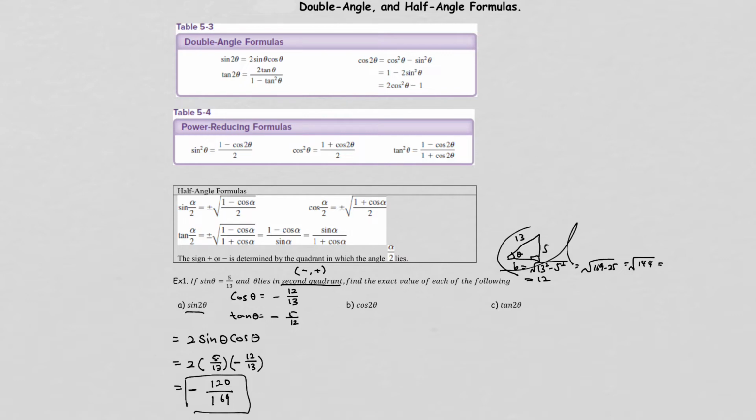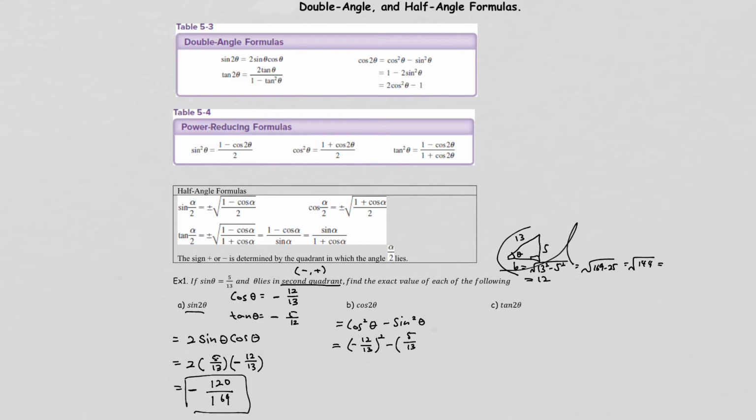What about cosine 2 theta? That will be this formula, or any of these formulas will be okay. But if I want to use the first one, then I will have cosine squared theta minus sine squared theta. So it means square the value.